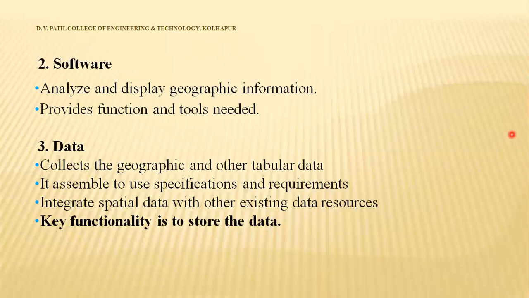GIS will integrate the spatial data with other data resources and can even use a database management system used by most organizations to organize and maintain their data, to manage spatial data. So the key function of the data is to store the data.